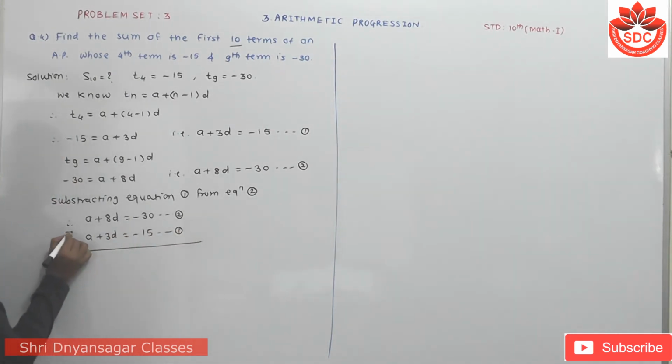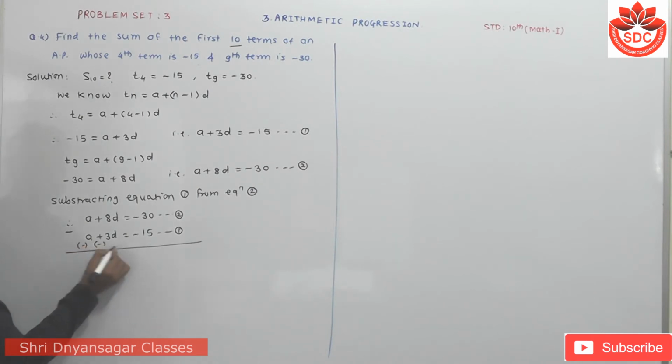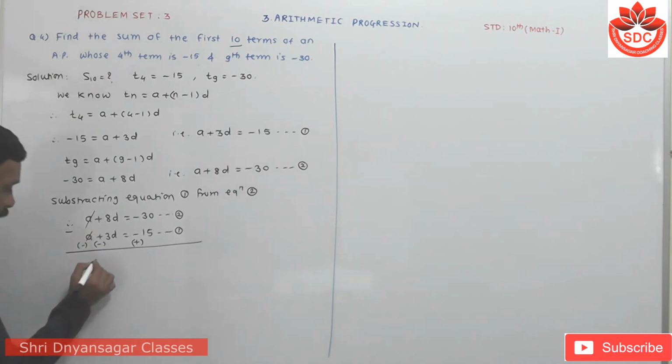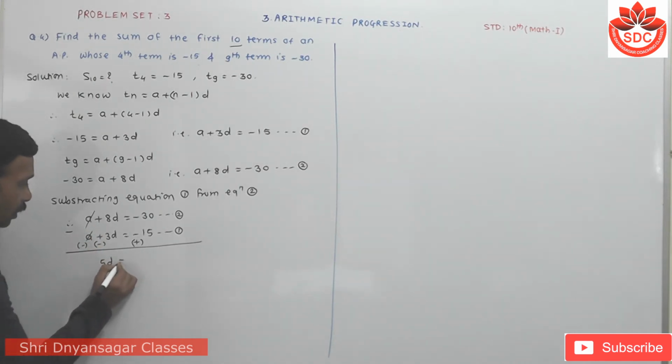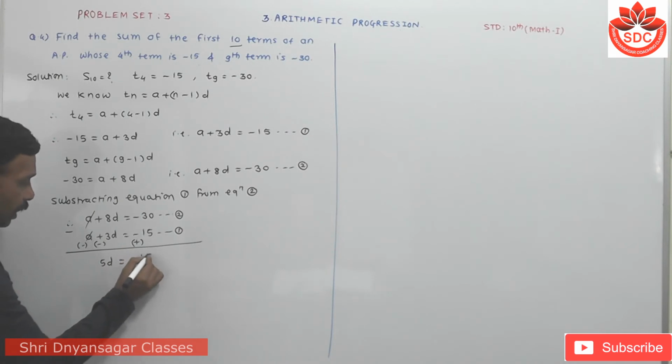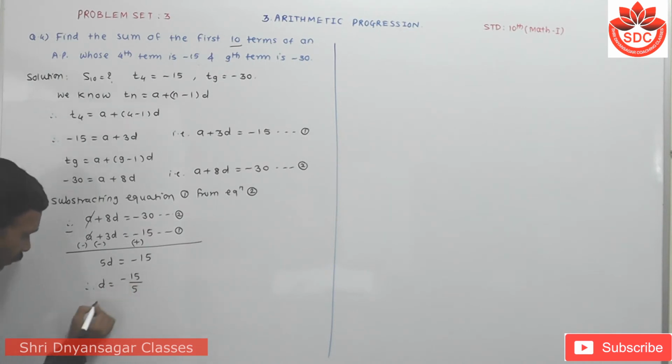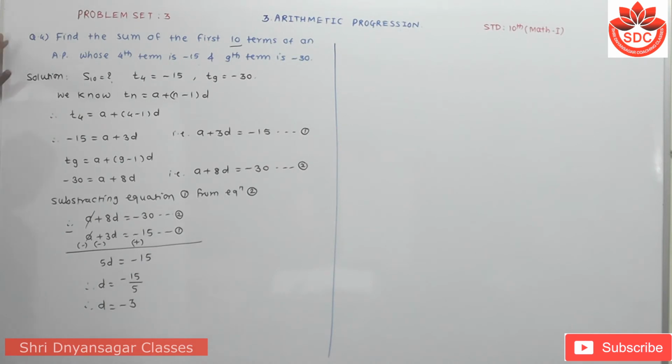When we subtract here, the signs of the second equation change. Then this a gets cancelled. 8 minus 3 becomes 5d is equal to, subtraction is minus 15. Therefore d is equal to minus 15 upon 5. Therefore d is equal to minus 3. Then substitute.